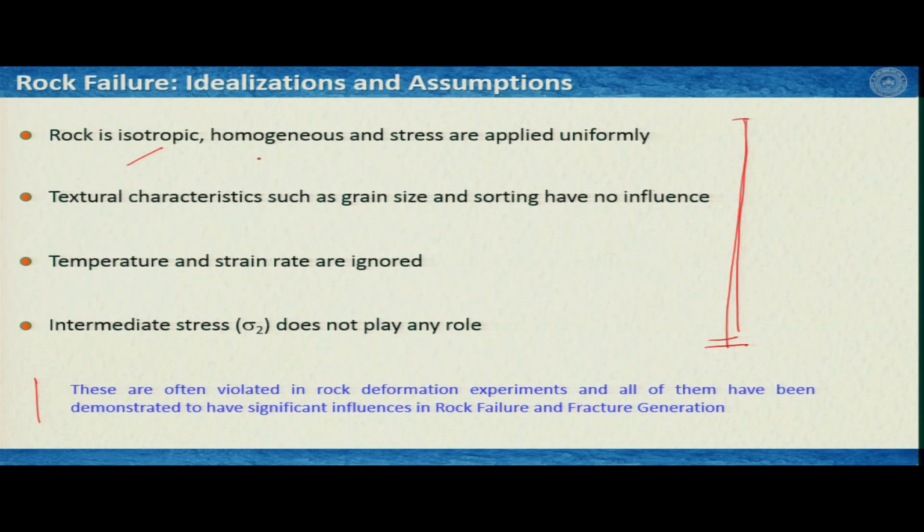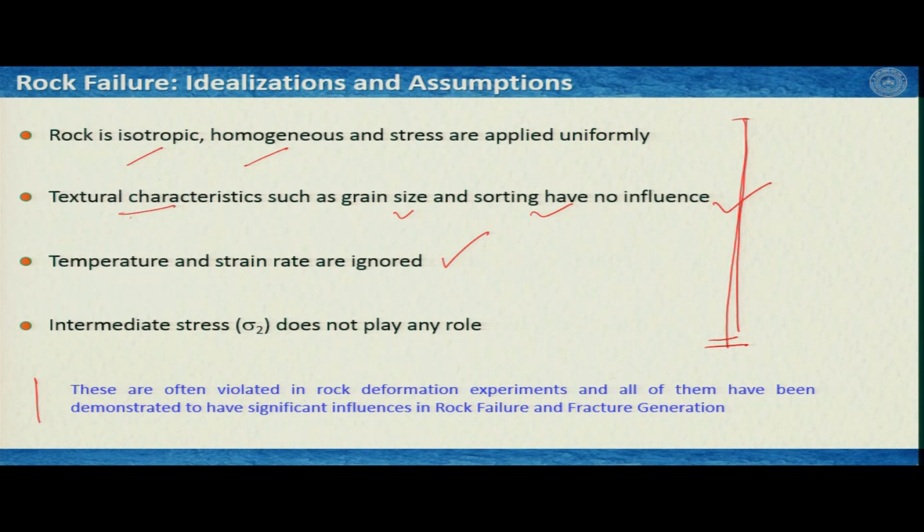If we deal with homogeneous rock, it would certainly vary in failure and other things from heterogeneous rock. The textures and grain size and sorting have no influence, this is the consideration, but people have shown from experiments that all these textural characteristics, grain size and sorting, do have a significant influence on the strength and failure of rocks, and similarly temperature and strain rate, we have seen, have a significant influence.